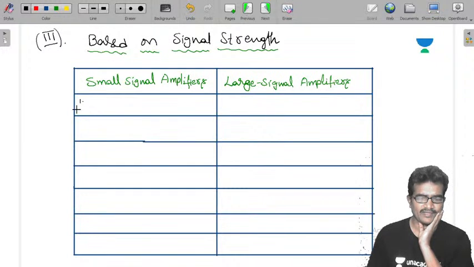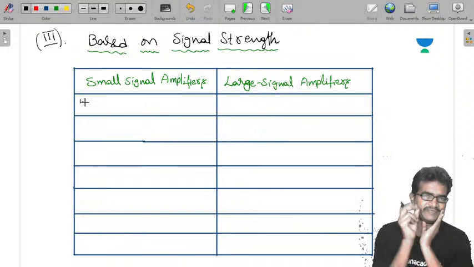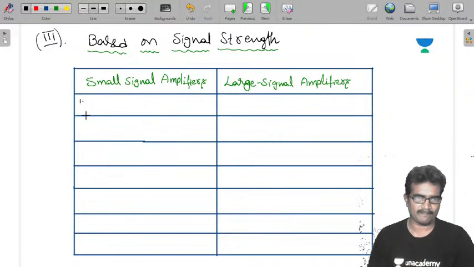Now in small signal amplifiers, the first point is that the signal is amplified to small strength, that means the output is of small amplitude.